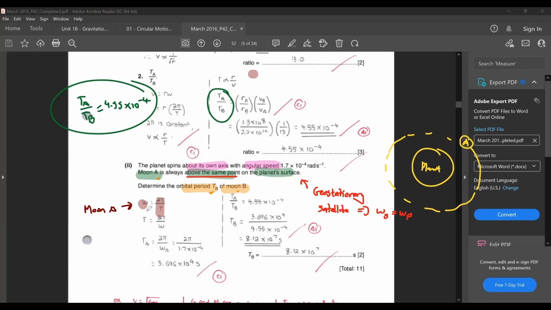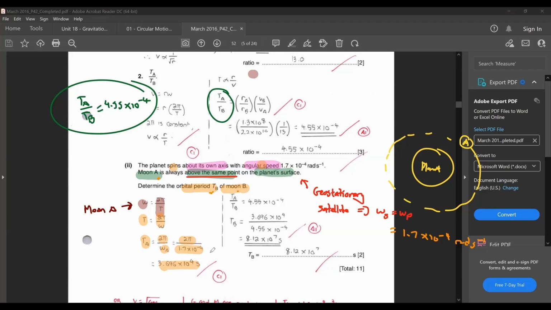Okay, so I apply omega equals 2 pi over T for moon A. I know that the angular speed of the moon or the natural satellite is going to be the same as the angular speed of the planet. So this one, as I mentioned, will be 1.7 times 10 power minus 4 radians per second. Okay, so I already know the omega. So here in my case, T is 2 pi over omega, TA is 2 pi over omega A. So 2 pi over 1.7 times 10 power minus 4 will give me 3.696 times 10 power 4 seconds.